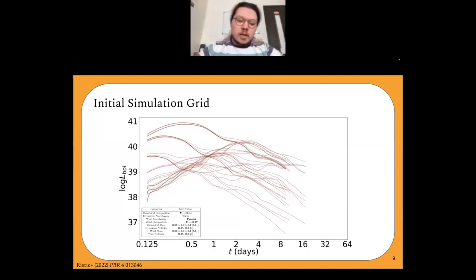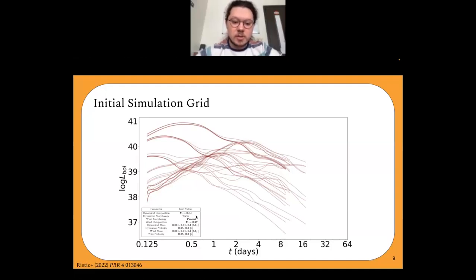So what I did was I started with an initial simulation grid, and here I'm showing the 36 simulations that made up this grid. This is the log bolometric luminosity on the y-axis as a function of time in days on the x-axis. And as I mentioned, we have a low Ye of 0.04 for the dynamical ejecta, and a higher Ye of 0.27. Again, these just mean neutron richness.